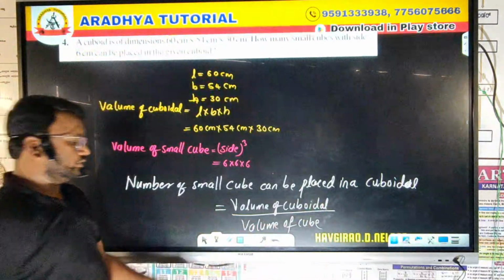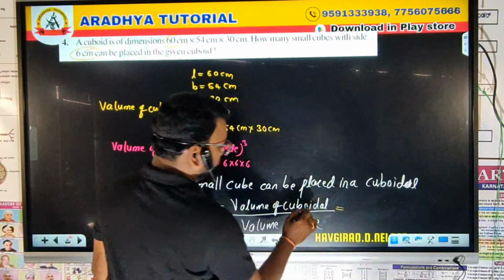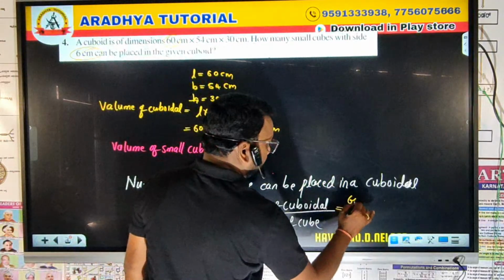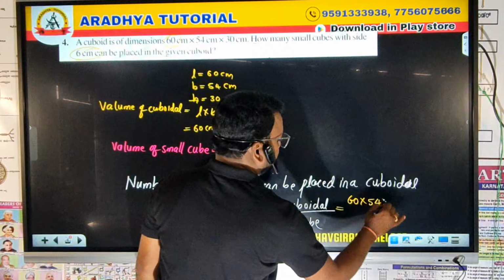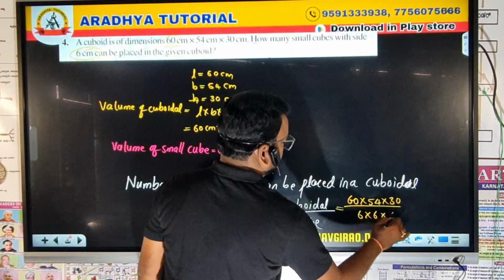If you divide these two, then we get the answer. Here volume of cuboid is 60 into 54 into 30 divided by 6 into 6 into 6.